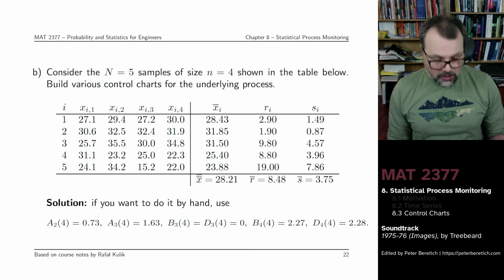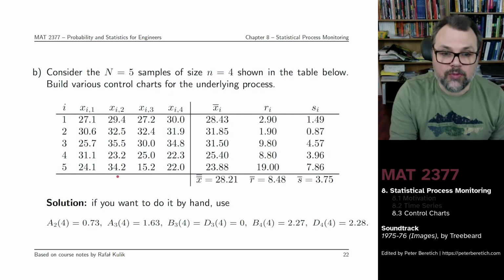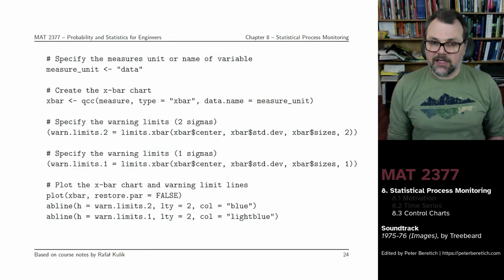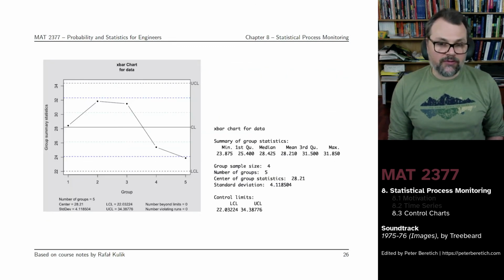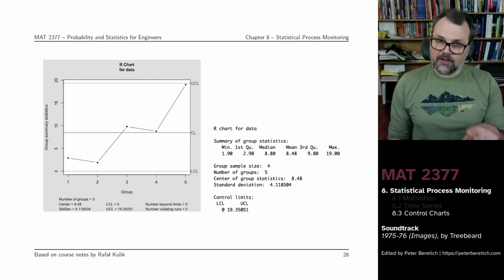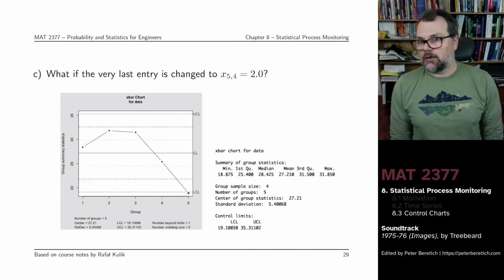You can sort of see what the culprit observation would be. This observation here is actually smaller than you might expect. Still not small enough to really flag the process as being out of control, but we have some indications here, some warnings that things aren't as great as they could be.